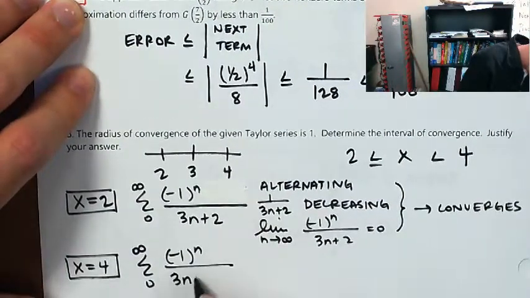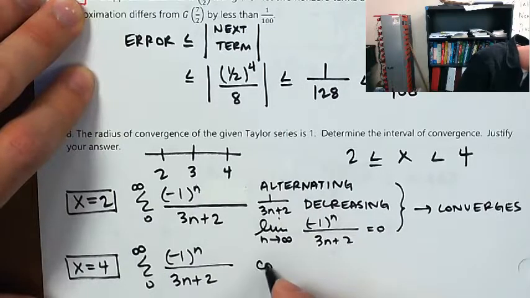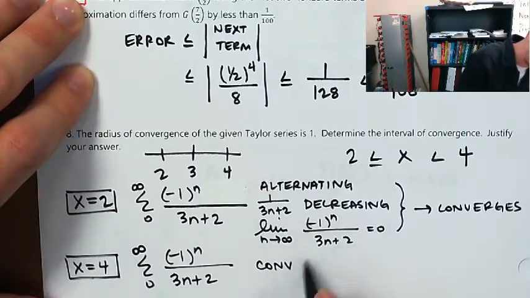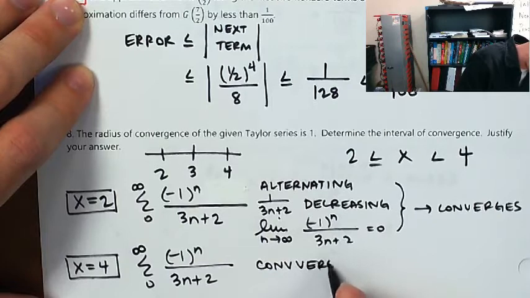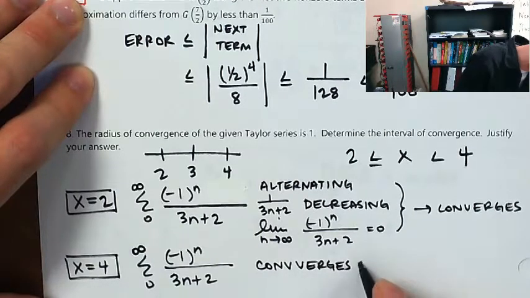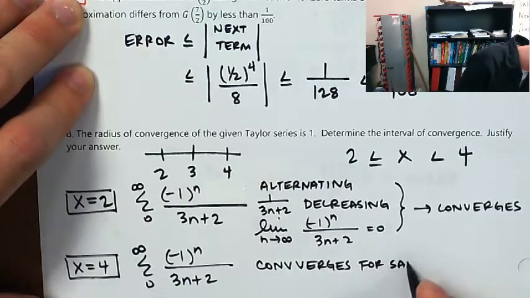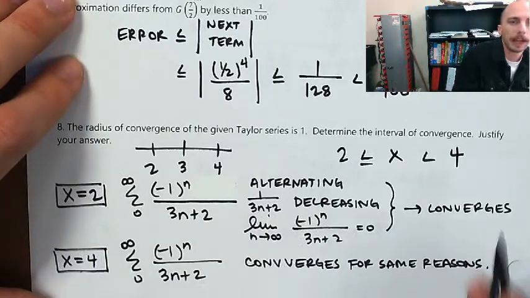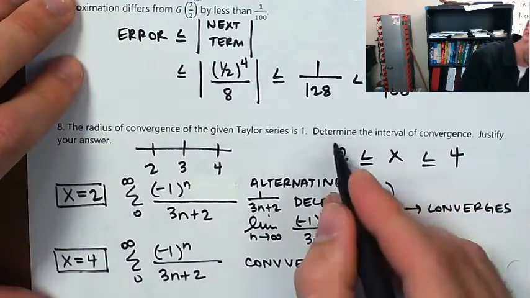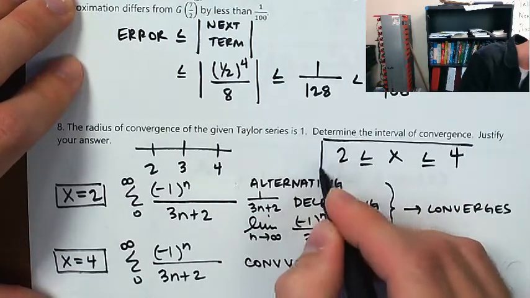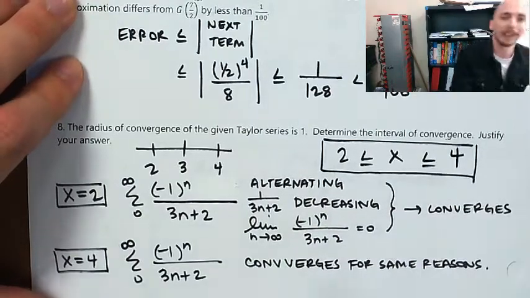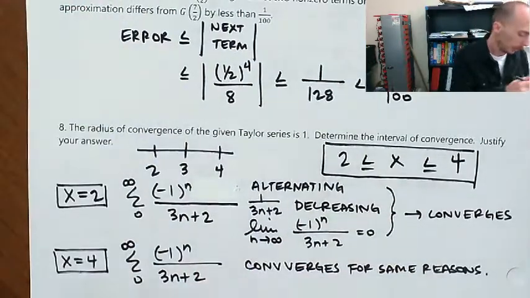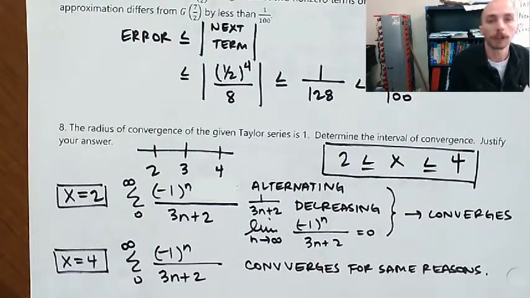And over 3n plus 2, I'm going to say it converges for these same reasons, because it's the same series. And that means I'm going to include that in my interval of convergence, and I will clearly indicate that that is the interval on which the Taylor series is going to converge.